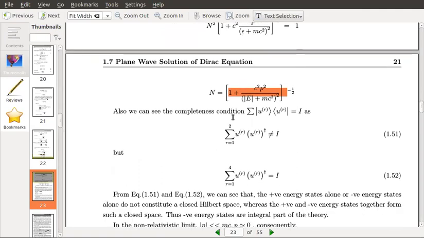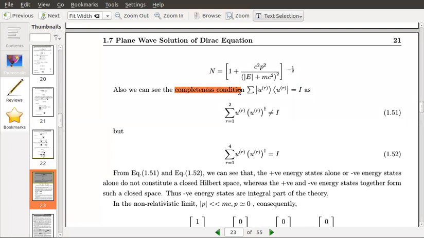Okay, now you check the completeness condition. This is the completeness condition: sum over u dagger u, ket u bra u, equal to I. This is very important. You check that completeness condition. That is also homework. Now you put the summation for r equal to 1 to 2.